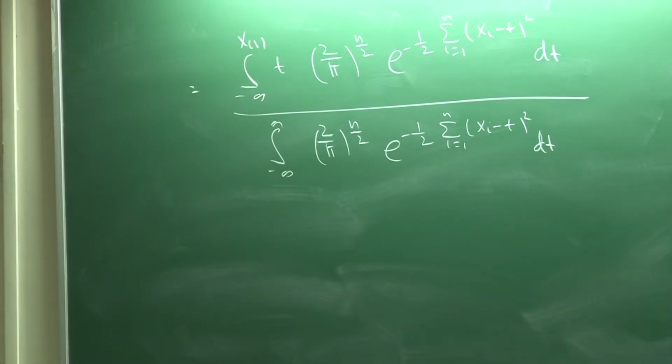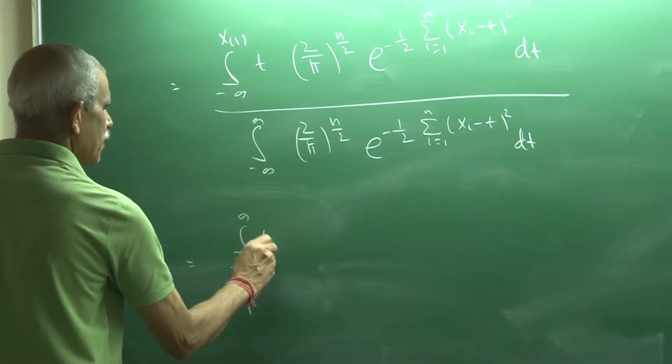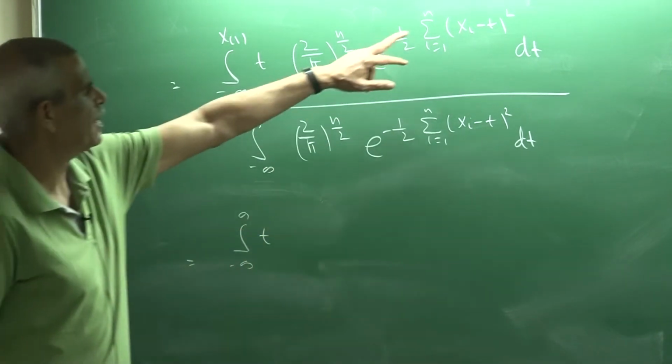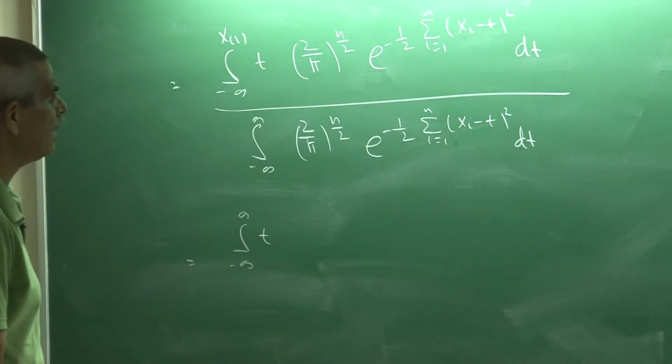I can simplify this. This becomes the integral from minus infinity to infinity of t times e to power minus summation xi square by 2, and e to power minus summation xi square by 2 would get cancelled on both sides.